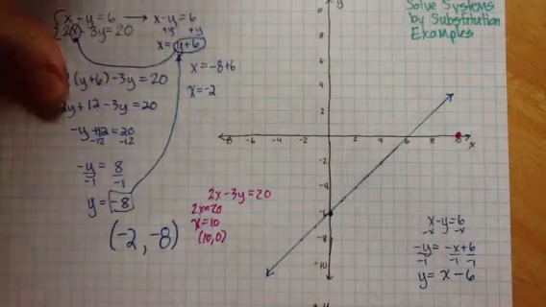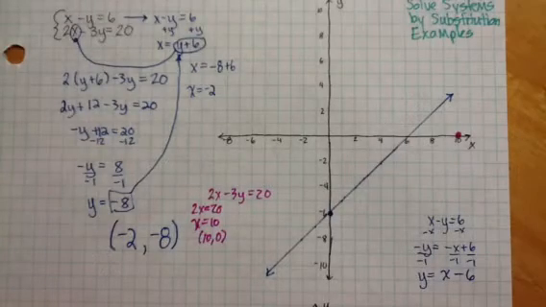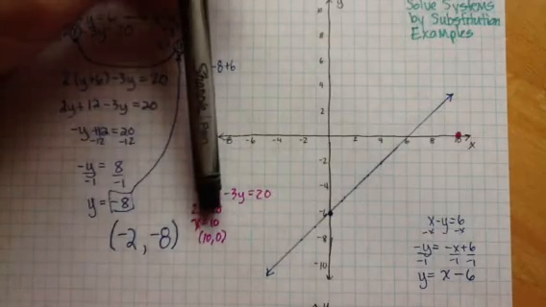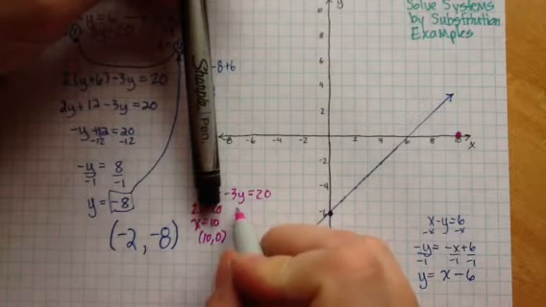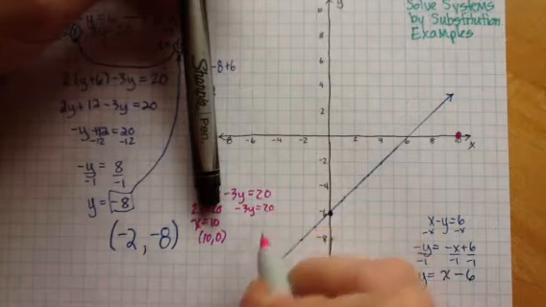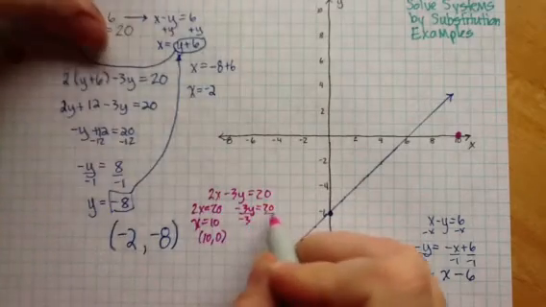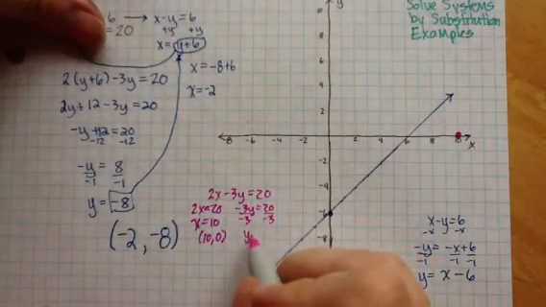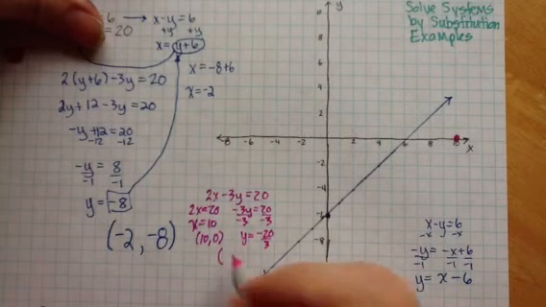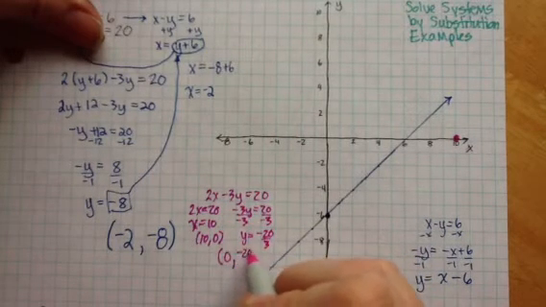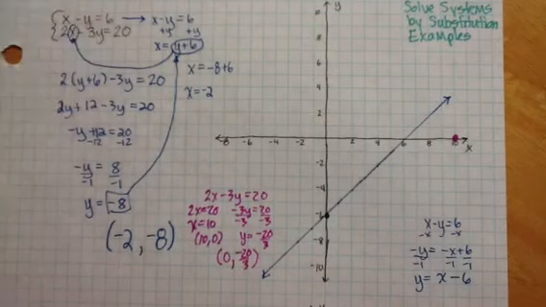So I'll graph that there. And then when I cover up the x, that gives me the equation negative 3y equals 20. Divide by negative 3. That gives me y equals negative 20 over 3. So I have the y-intercept 0, negative 20 over 3.